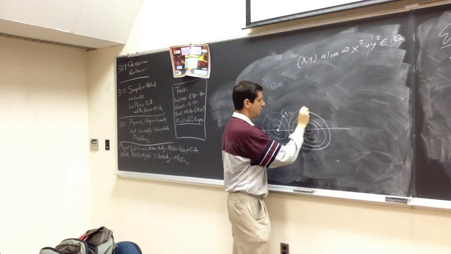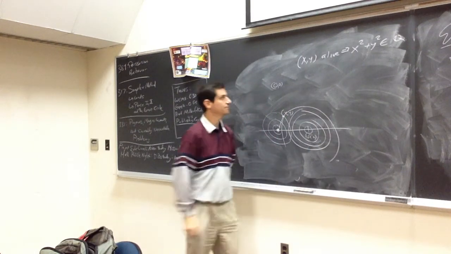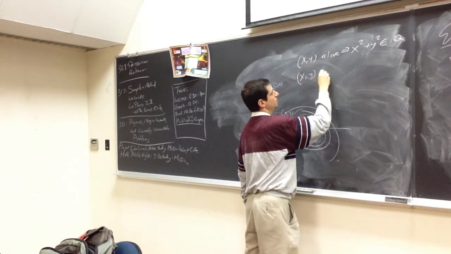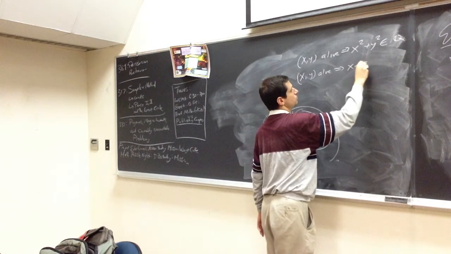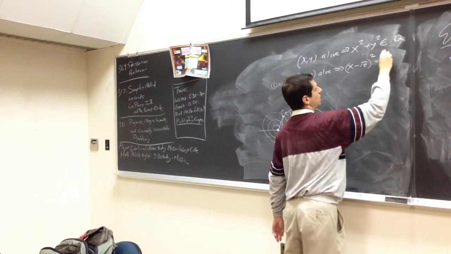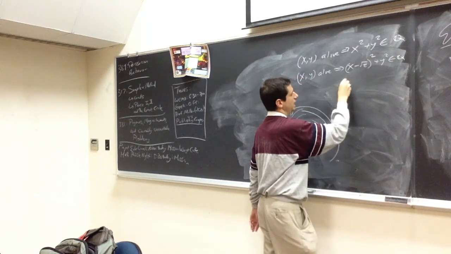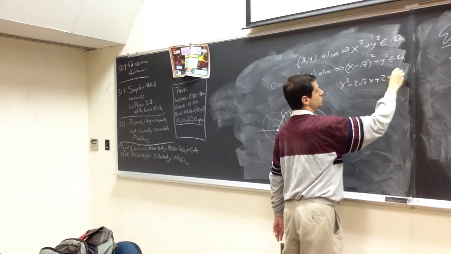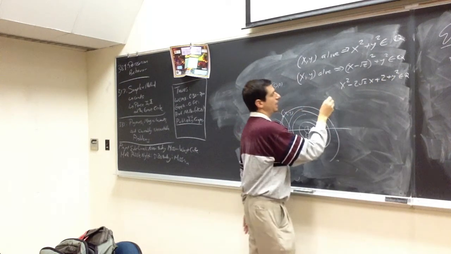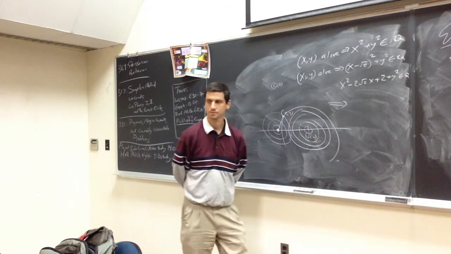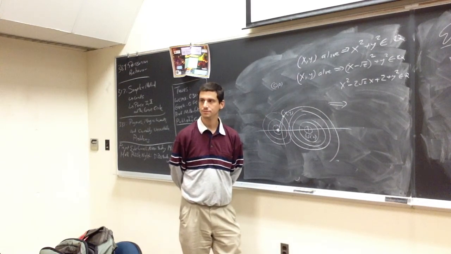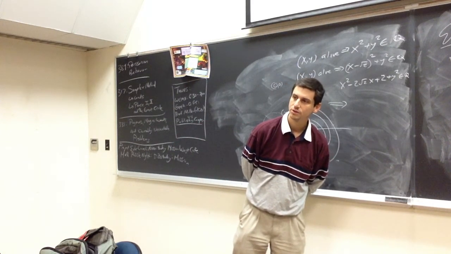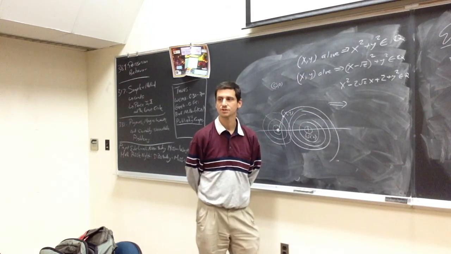And now, imagine my point xy is still alive. So now, if xy is still alive, that implies (x minus root 2) squared plus y squared is rational. So we get x squared minus 2 root 2 x plus 2 plus y squared is rational. And now what can we deduce?